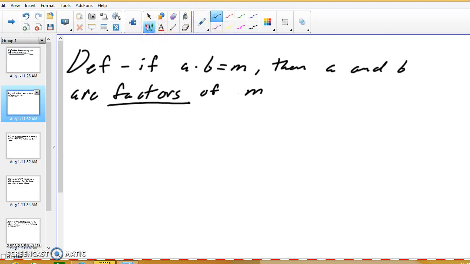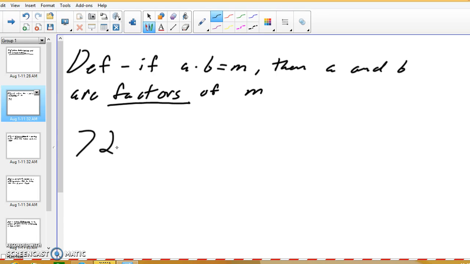So the first thing I need to teach you is what factors are. So definition of a factor: if A multiplied by B is equal to M, then A and B are factors of M. So an example of this would be, say, the number 72.